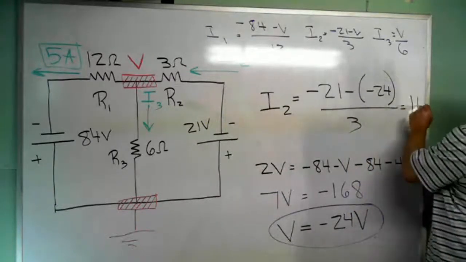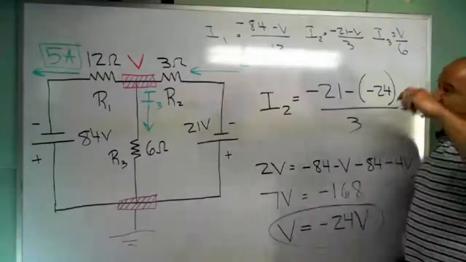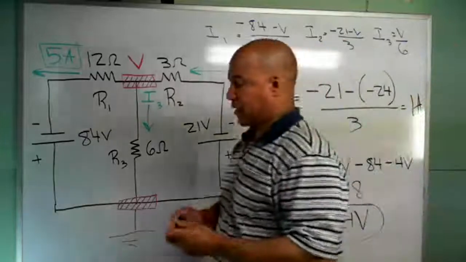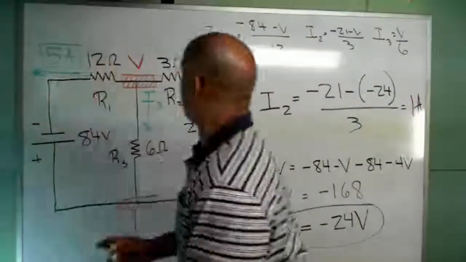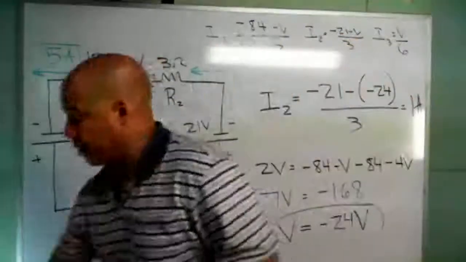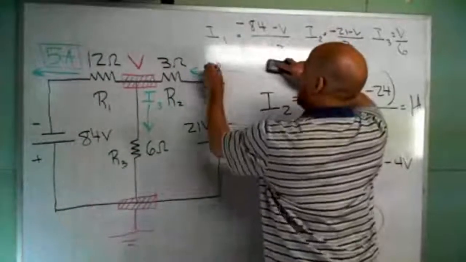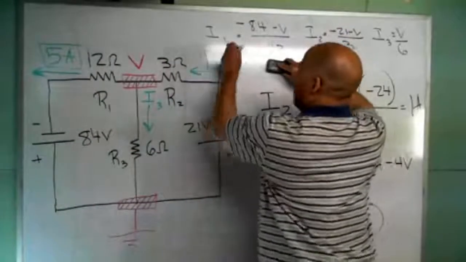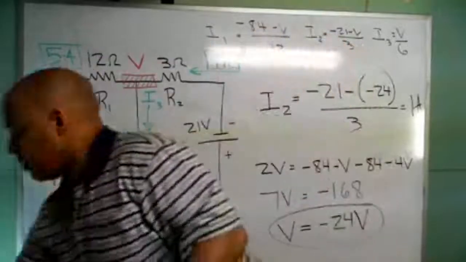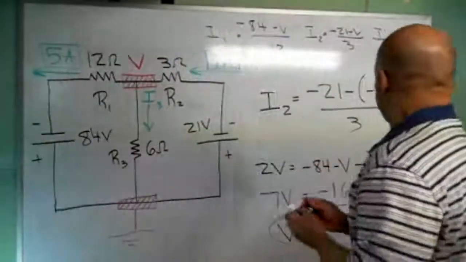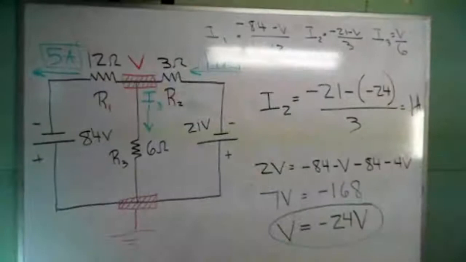Is that right? Yeah, that's 1 amp. So we know I2 is 1 amp. It looks like we chose the right direction for that, so I just put in 1 amp. And then the last one is I3.